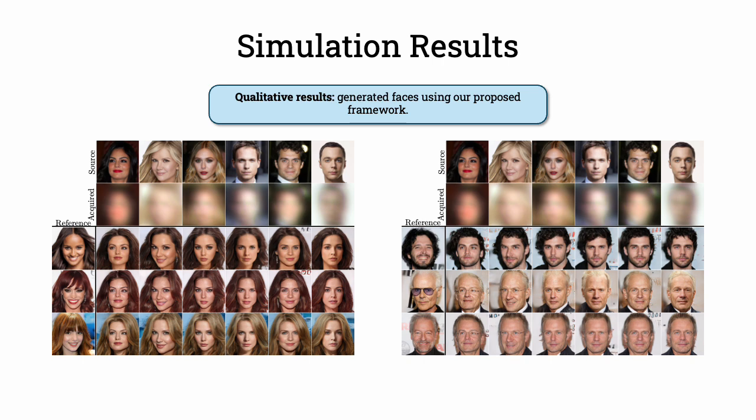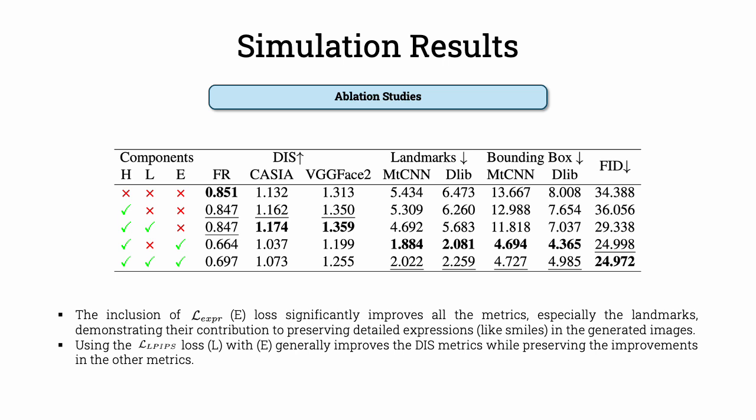Here we show some generated faces using our proposed framework. In the first row, we show the source images, which are the input of our privacy-preserving camera, and the second row shows the corresponding output. Our generative network generates new faces using the acquired privacy-preserving image and the different reference image shown in the first column. We conducted a series of experiments to investigate the contribution of the different losses.